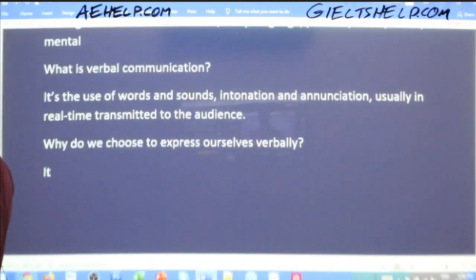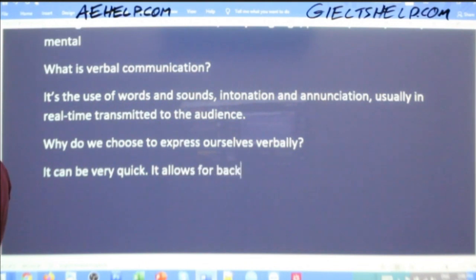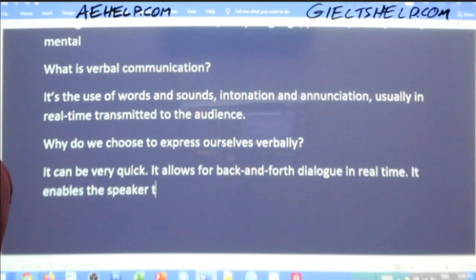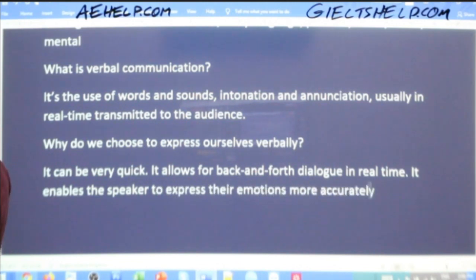So it can be very quick. It allows for back and forth dialogue in real time. Okay. It enables the speaker to express their emotions more accurately through their own voice.